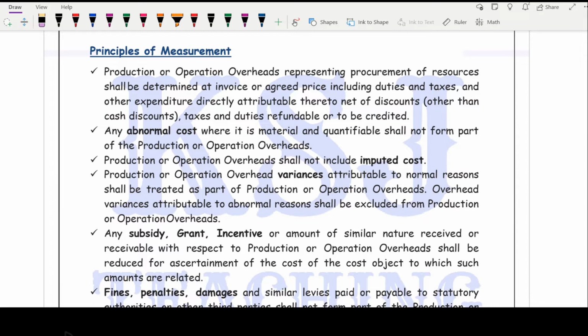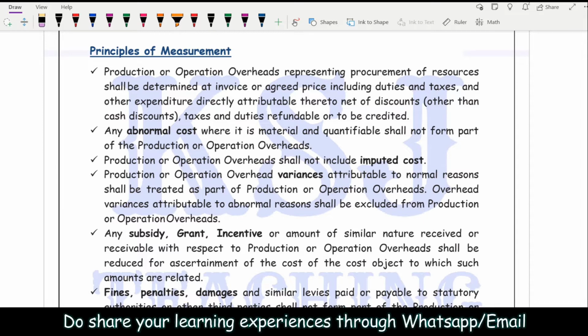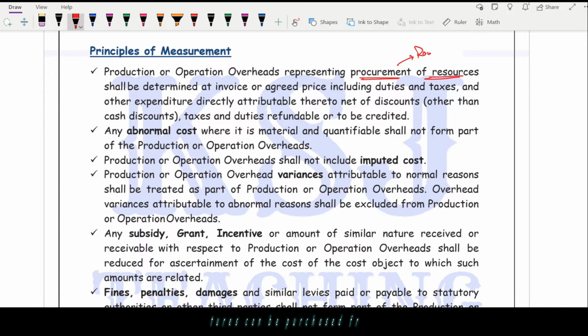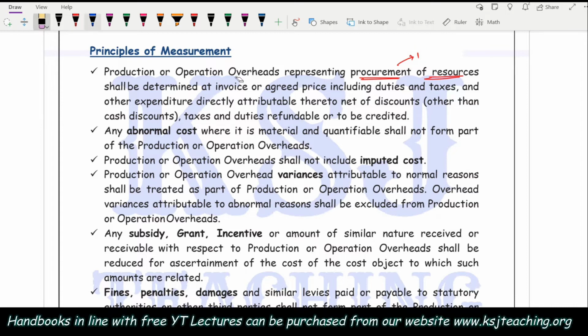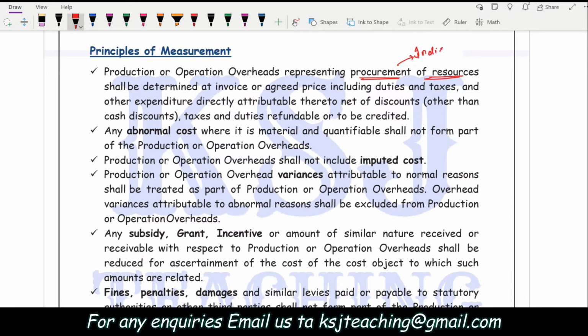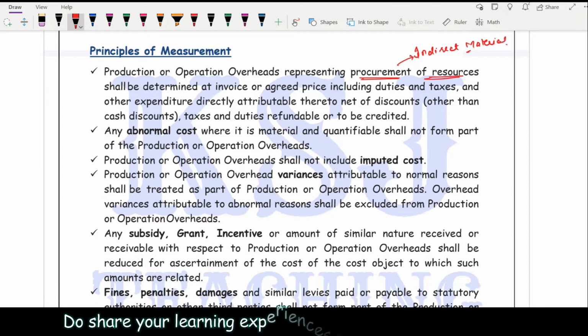So how we have to deal with those items, okay? So he says the production or operation overheads representing the procurement of resources. That means here we are mainly talking about the indirect material. I'll not say raw material, I'll say indirect material, right?